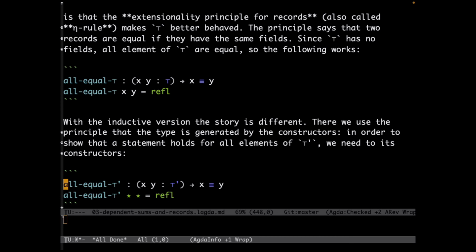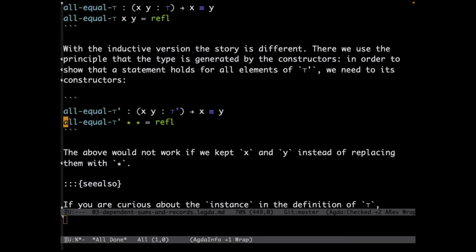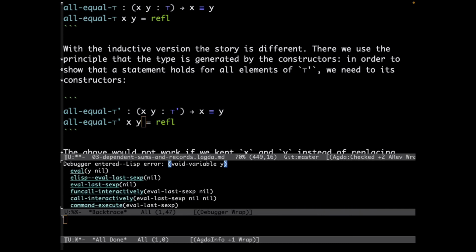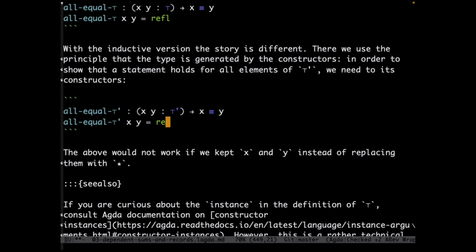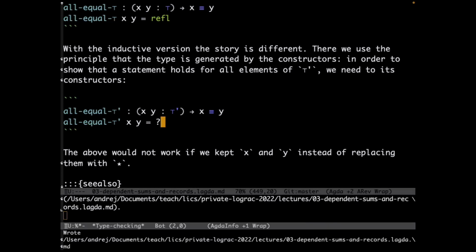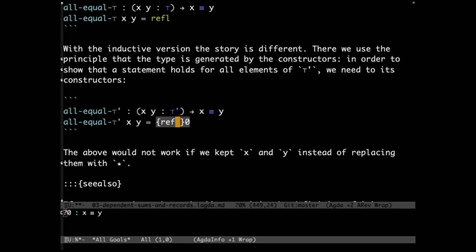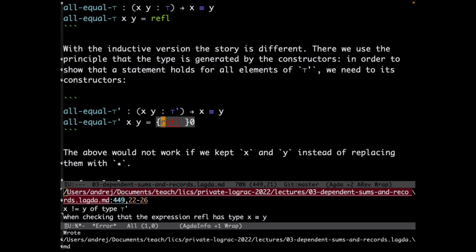Okay, so now if we try the same trick with the inductive type, x y, then it's not going to work. And I think some people in the exercises were wondering why this is the case. So if I try REFL here, it's not working. Why is it not working?